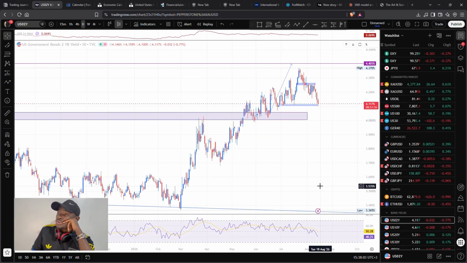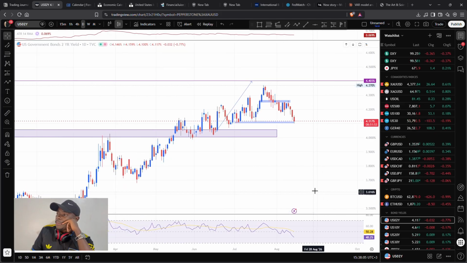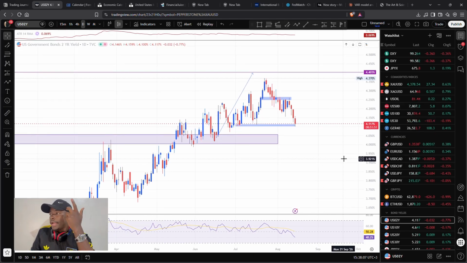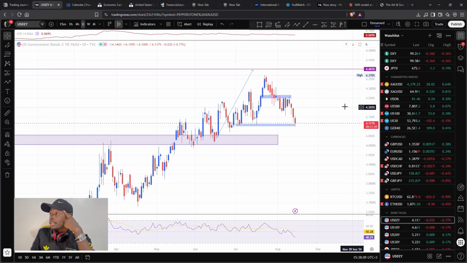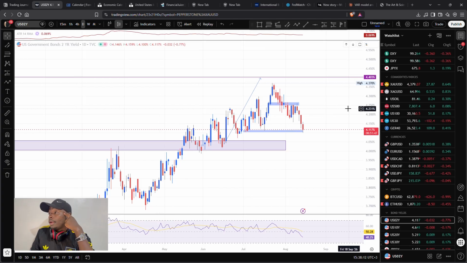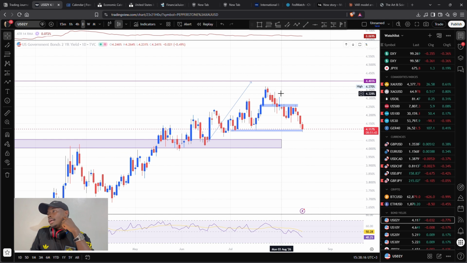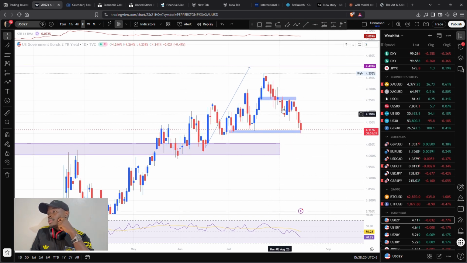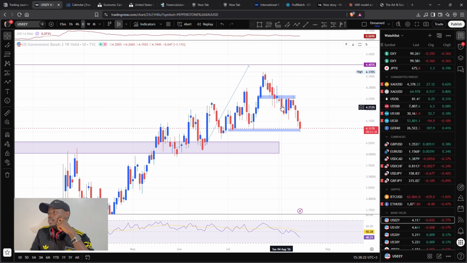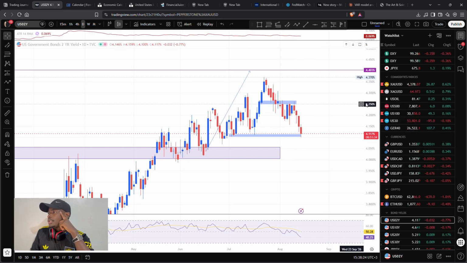Just to solidify the idea that the Fed is likely to cut rates, the bond market has been showing that. You can see it's been breaking down, pushing lower and lower, breaking those support and resistance levels.